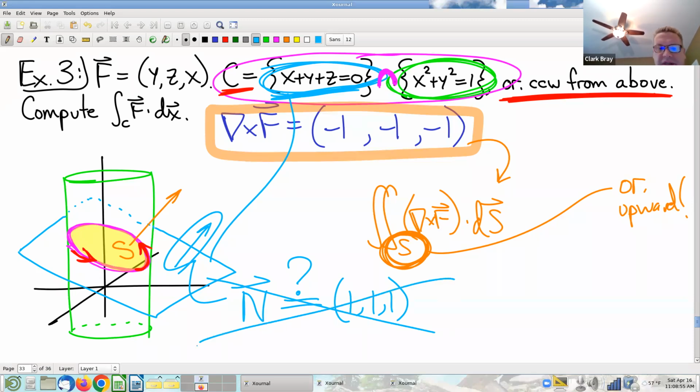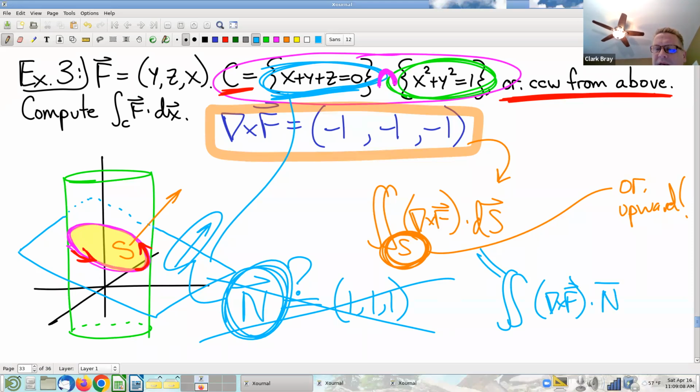When you're using this capital N here, when you're going to rewrite your flux integral as an integral of curl dot capital N ds dt, the point is this has to be the parameterized normal vector.